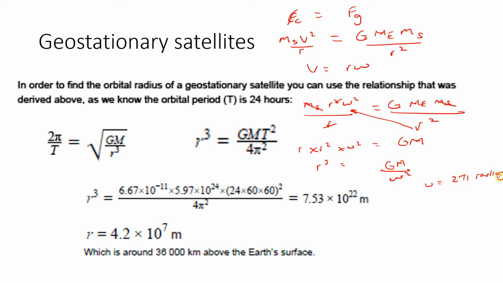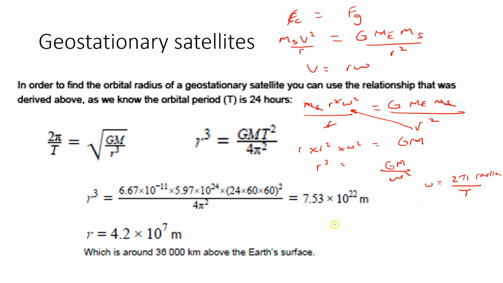That is the amount of angular displacement that it takes to complete one rotation of a circle, divided by the total time taken to complete that rotation, that is going to be T, with a capital T, which is our time period. And because we're looking at a satellite, we said that for a geostationary satellite, the time period is 24 hours.